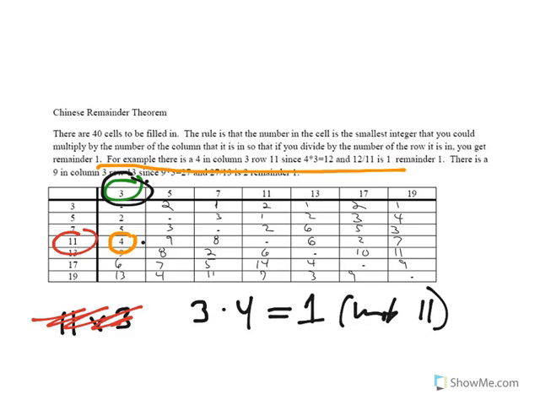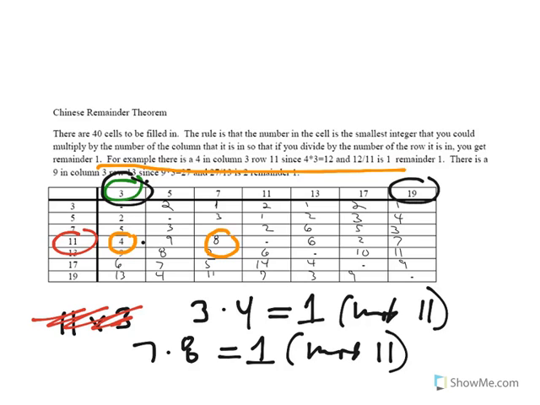Just for another example, the reason there's an 8 here is because 7 times 8 is 56, which, if I divide by 11, I get remainder 1. So every single number in this entire chart would give you remainder 1 if you multiplied it by the column it's in and divided.